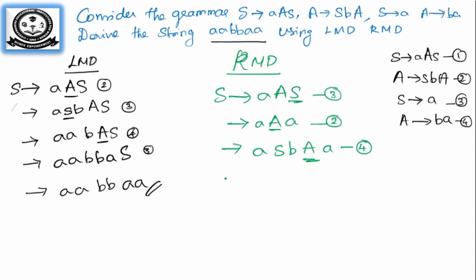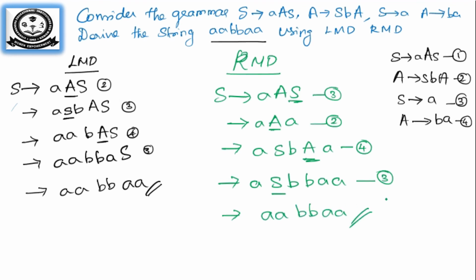It changes to ASB, BAA. Now the only non-terminal available is S. I can substitute A alone, so we will take the third rule. It will become AABBAA, so the string is derived. So this is an example for leftmost and rightmost derivation for the given grammar.